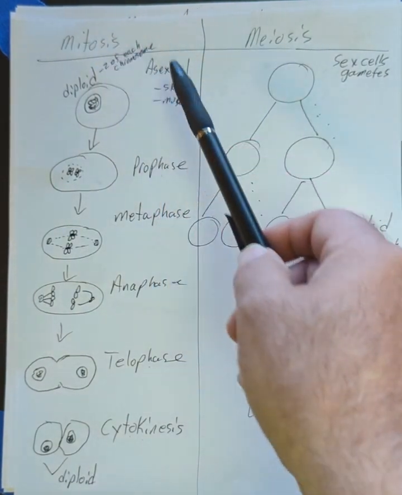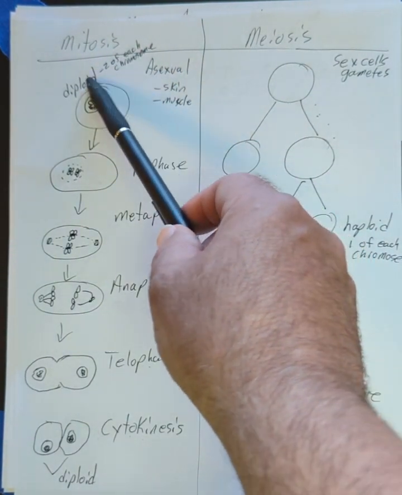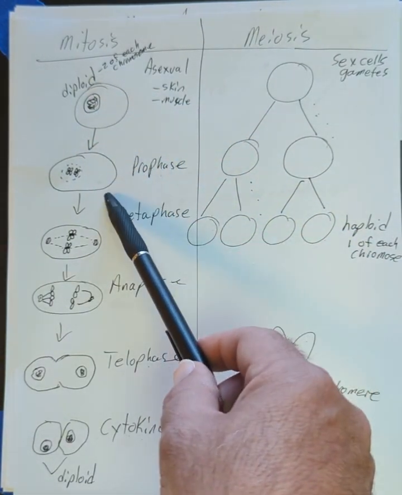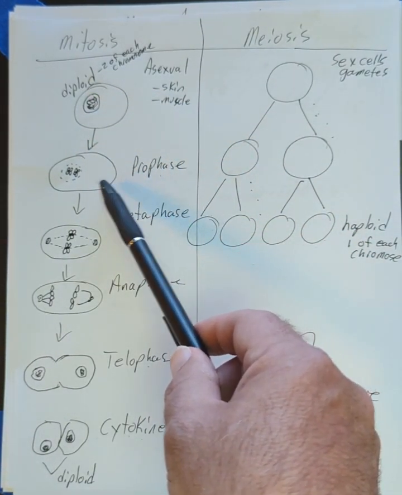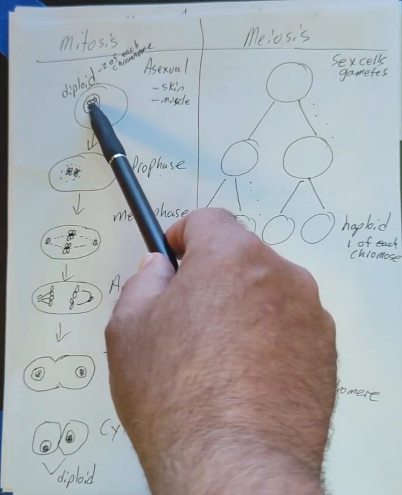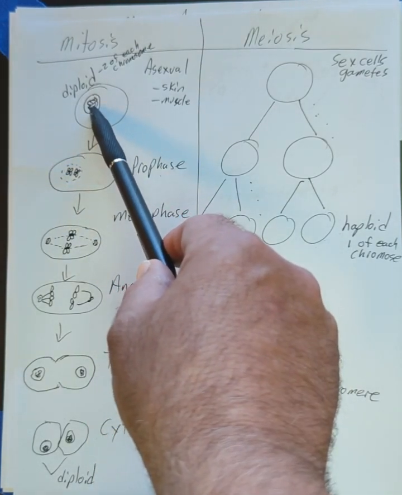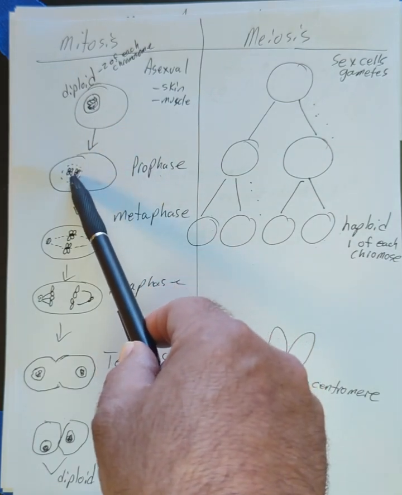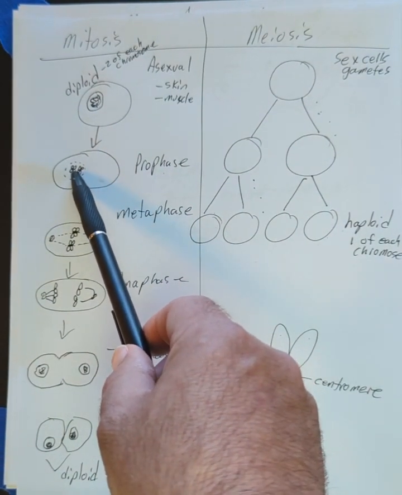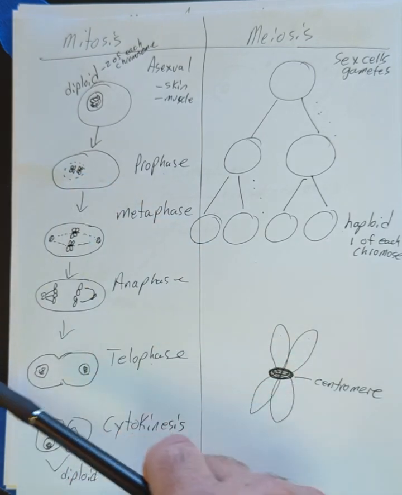With mitosis, you start with a cell in interphase, and then you go into prophase, in which the nuclear envelope starts to break down, and the chromatin, the uncoiled DNA, is going to start coiling and forming sister chromatids. The sister chromatids pair up and form chromosomes.